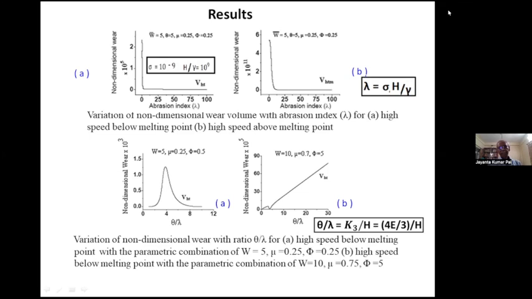But the main fact is that at low abrasion index the wear volume is very large. And as it rises to about 100, wear volume almost does not change. And that is because of the reason we discussed here.